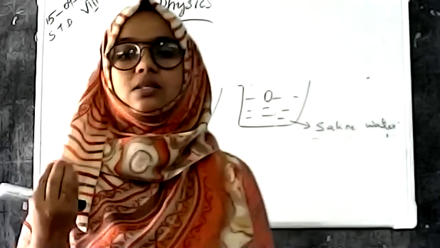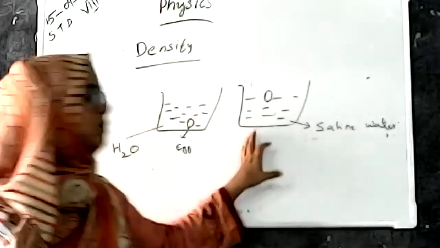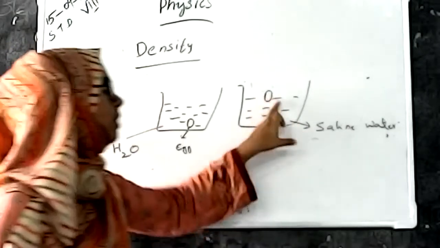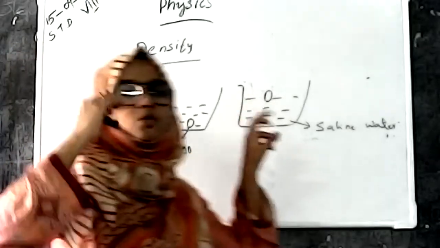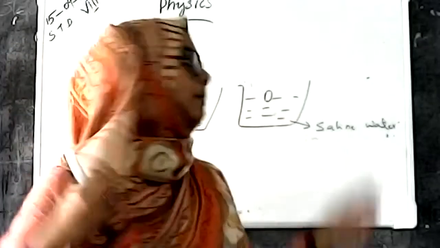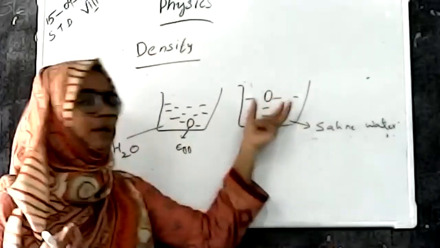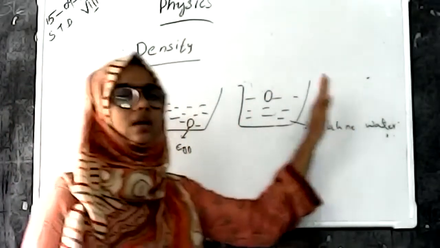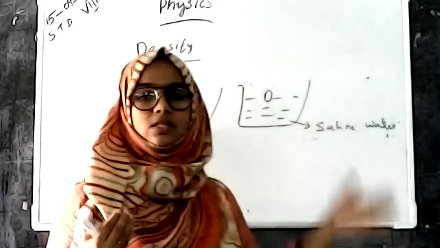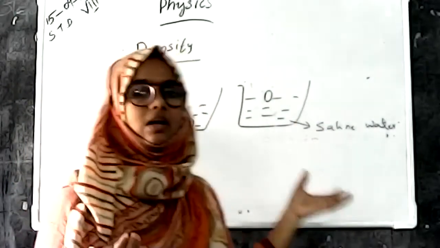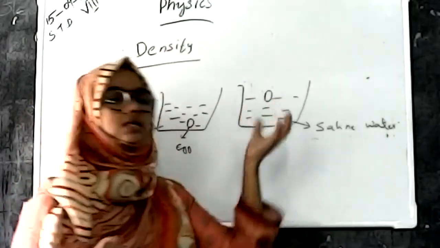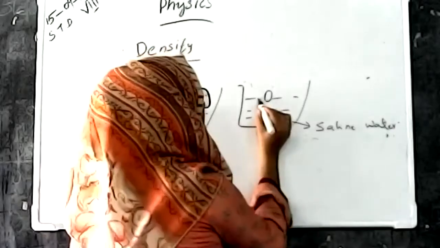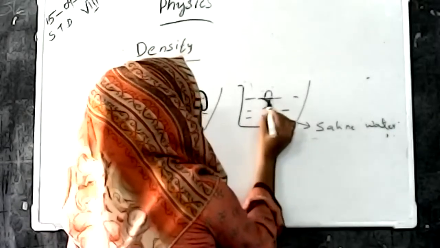When we add some more salt to this saline water, the floating egg comes to the upper side and only some portion is inside the water. When we add more salt and increase the density of the saline water, the floating egg comes to a higher position, and the immersed portion is like this.